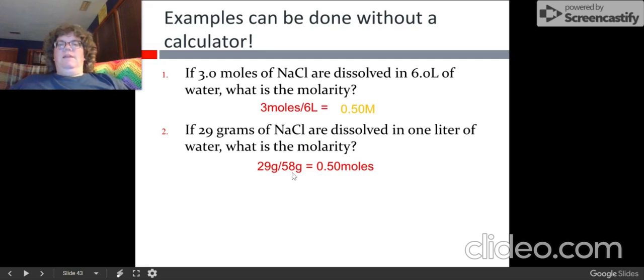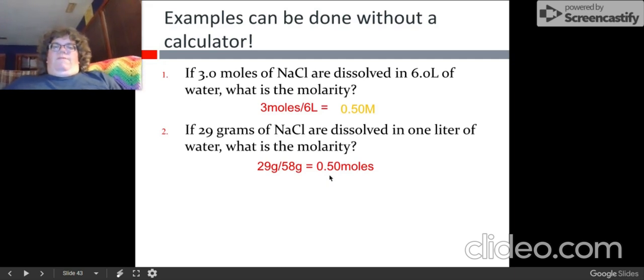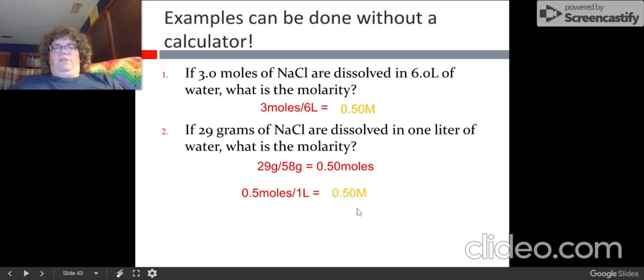So 29 divided by 58 is 0.5. So we have 0.5 moles of sodium chloride. 29 grams is equal to 0.5 moles. And then when we dissolve that in 1 liter of water, the molarity of our salt solution is 0.50. 0.5 divided by 1 is just 0.5. And again, we have 2 significant figures, because back up here in my problem, I've got 2 significant figures.